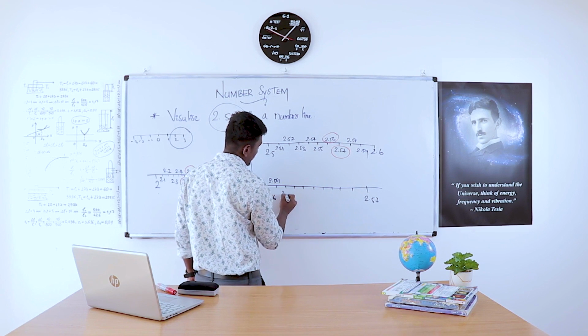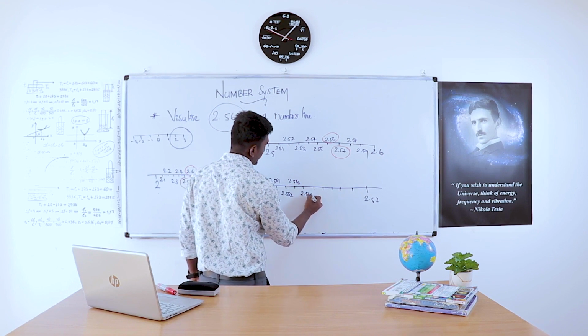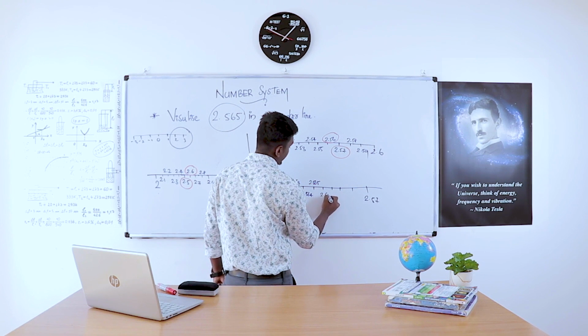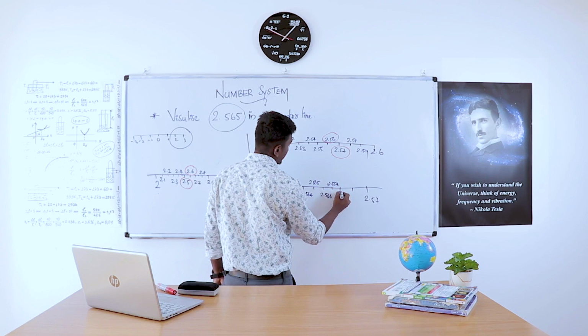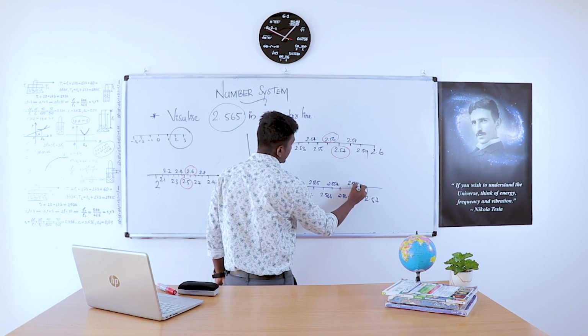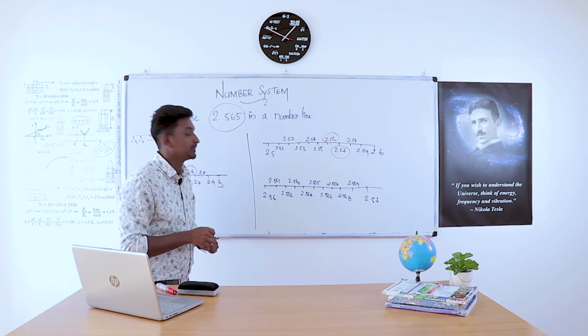In between 2.56 and 2.57 there are 2.561, 2.562, 2.563, 2.564, 2.565, 2.566, 2.567, 2.568, 2.569 and then 2.57. Clear?